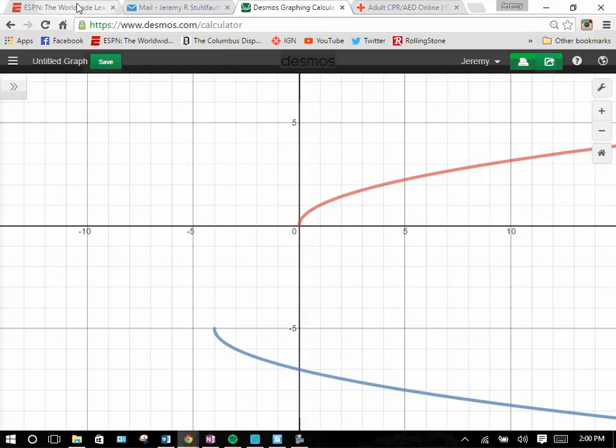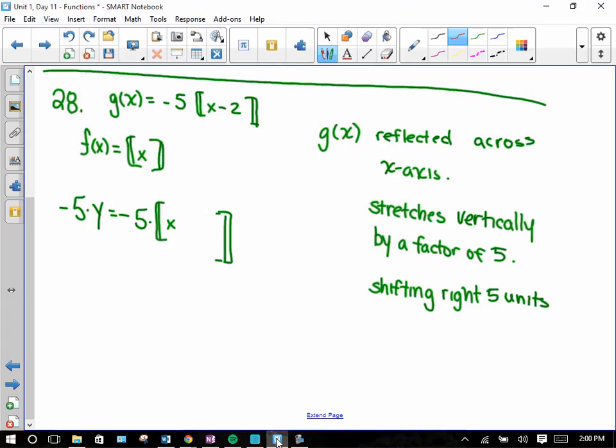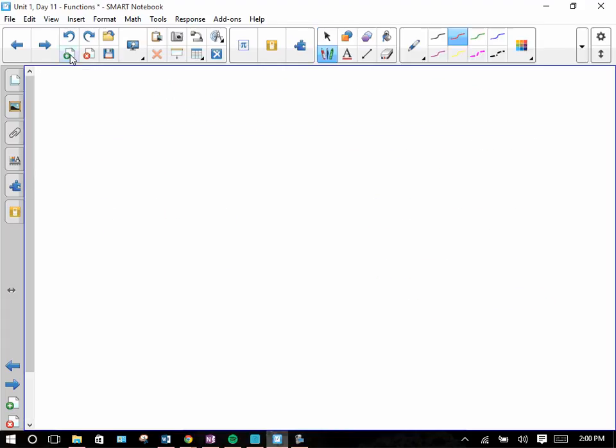F of x is another fancy way of saying y. So if it reflects across the x-axis, all my y values become negative, so I know I need to put a negative sign up front.